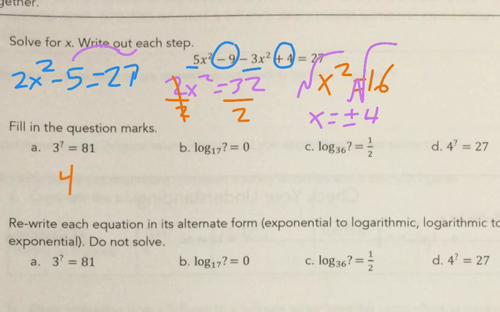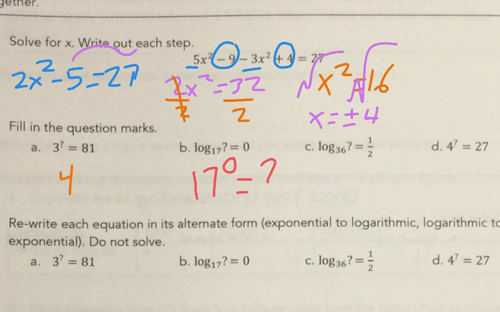How does this rewrite as an exponential? The base raised to the answer equals the argument. You've got to know how to do that. Go from logarithmic to exponential. Base raised to the answer equals the argument.